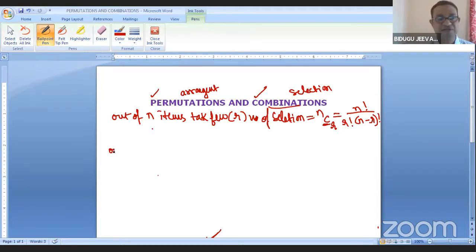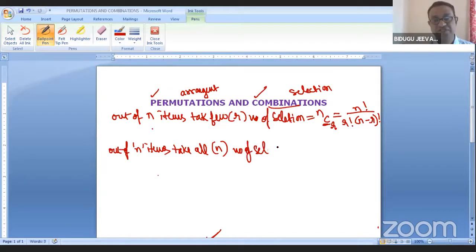Next, out of N items, take all items, like N. Number of selections is equal to NCN, where instead of R I'll write N. N factorial by N factorial, into N minus N factorial, which gets cancelled. 0 factorial is nothing but 1. 1 by 1 is nothing but 1.